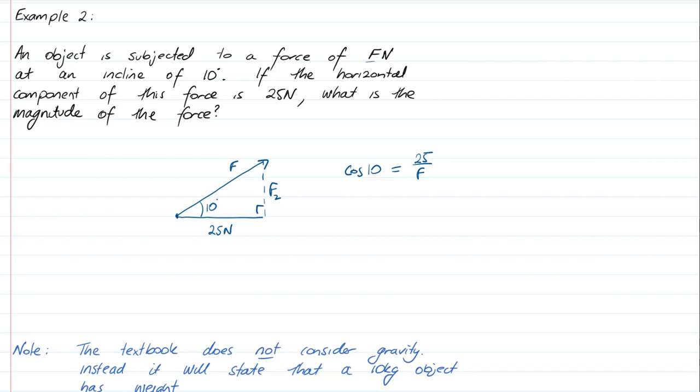So if we wanted to work out F2, we'd use tan, but we're going to work out F, our magnitude of our overall force, and so therefore F will equal 25 over cos of 10, and 25 over cos of 10 works out to be 25.38. Now that's a pretty small angle, so we're expecting it to be just a little bit more than 25, and it's 25.38 newtons. So that's where we wanted to go.